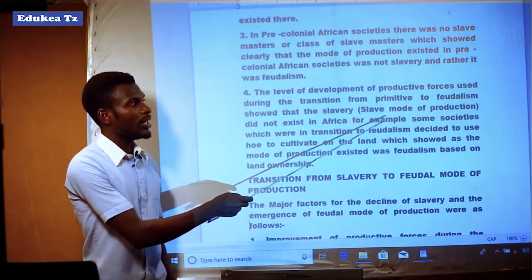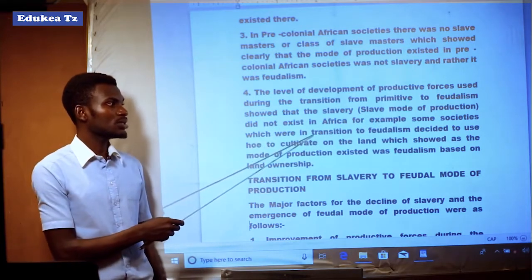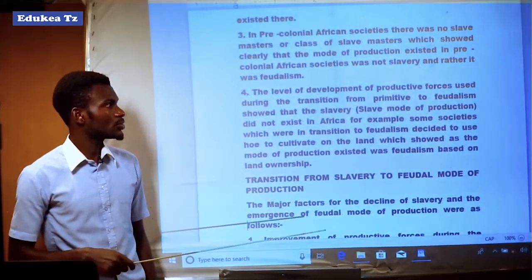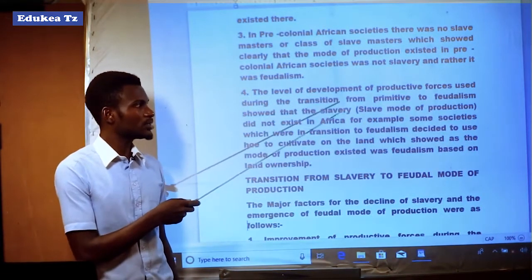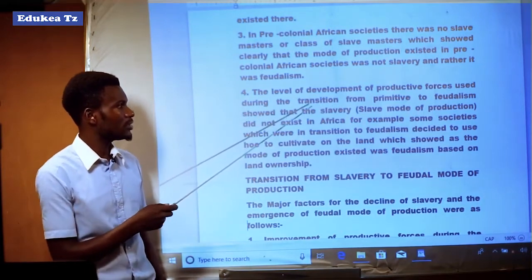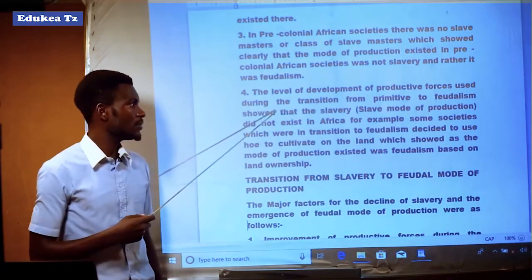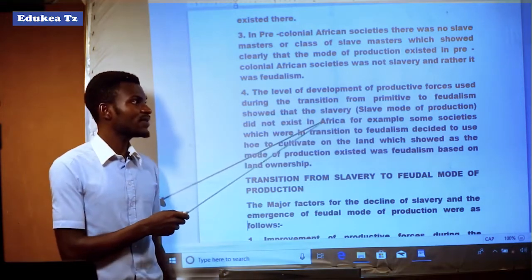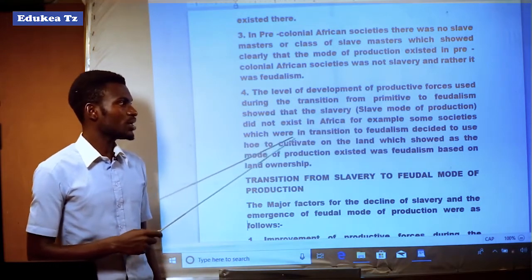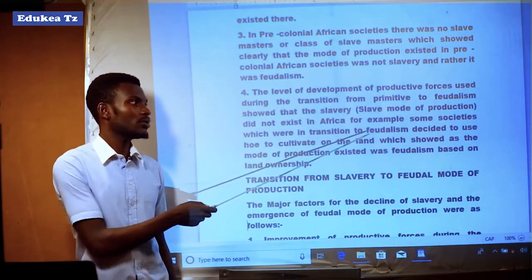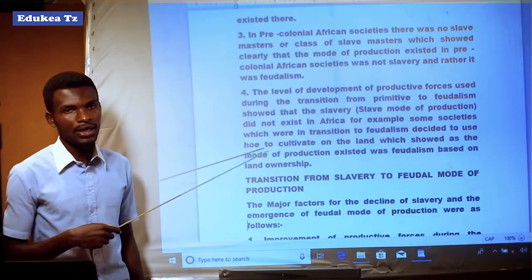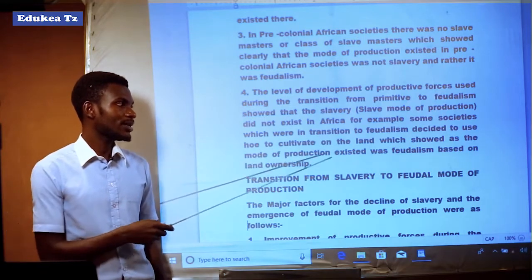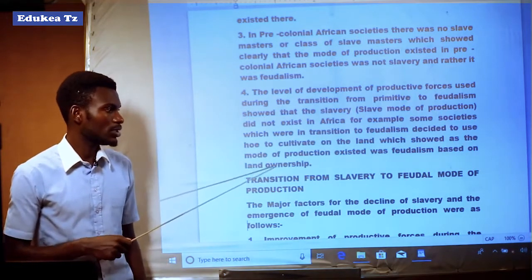For example, some societies which were in transition to feudalism decided to cultivate on the land, which showed that the mode of production that existed was feudalism based on land ownership.